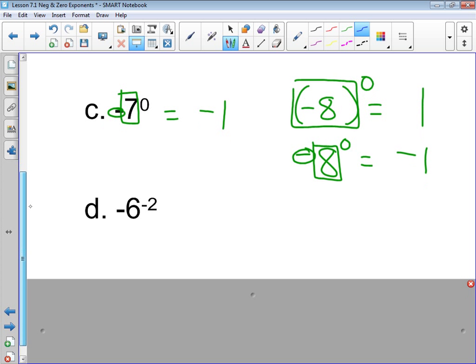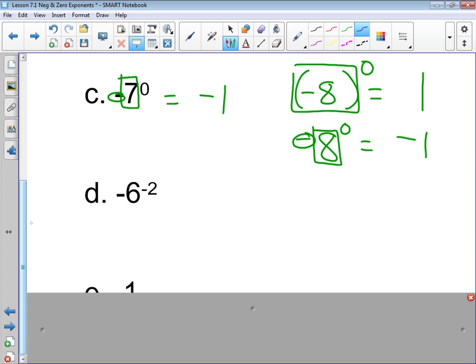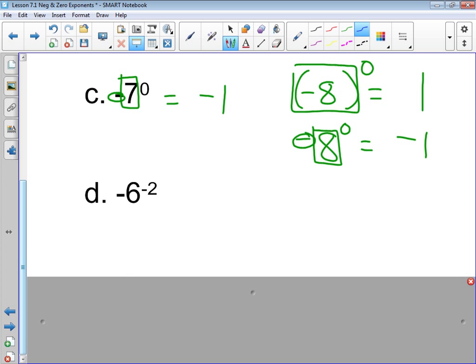Okay, part D. Now you have a negative exponent. So to get rid of that negative exponent, I'm going to make this problem a fraction. The way you get rid of the negative exponent is to move the number that has the negative exponent from the top to the bottom.